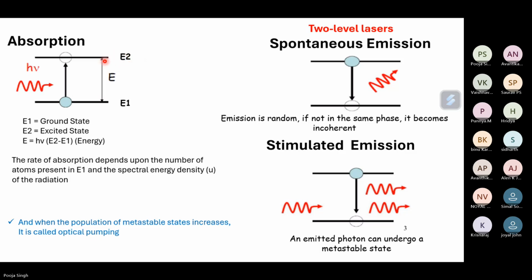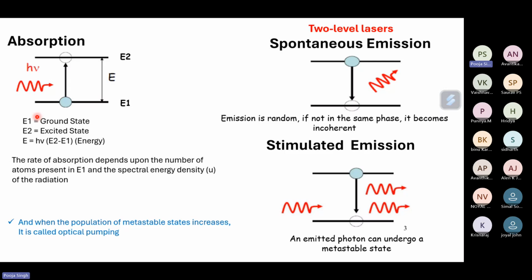The energy difference between E1 and E2 is given by E equals h nu, which is E2 minus E1. One more thing: the rate of this absorption depends upon the number of atoms present in E1, and on the power density of your incident photon. Otherwise the electron will not be excited.